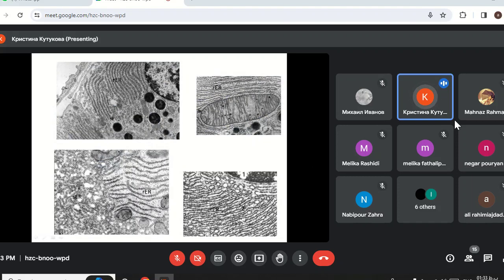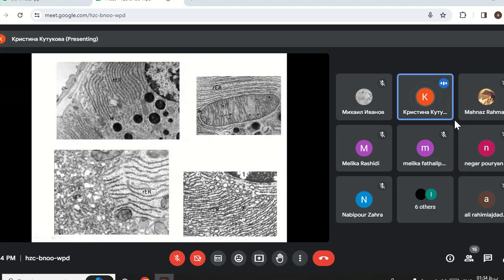Here you can see some electronograms. Inside them you can differentiate rough endoplasmic reticulum. Here it consists of many elongated cisterns covered with very small dots of ribosomes. Also here rough endoplasmic reticulum, and here also another one.